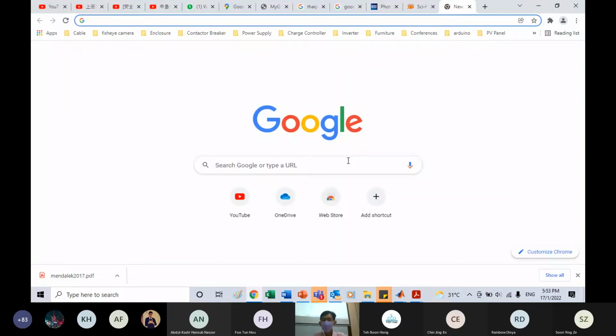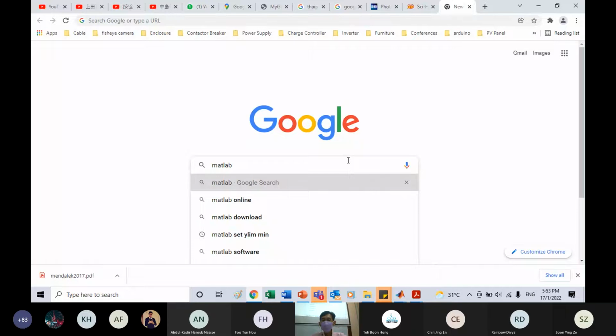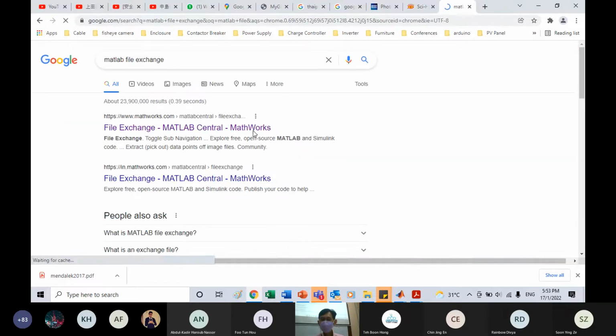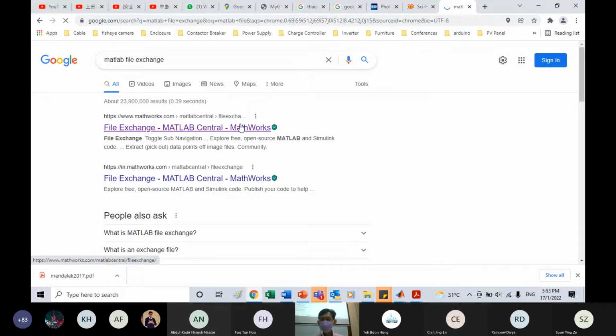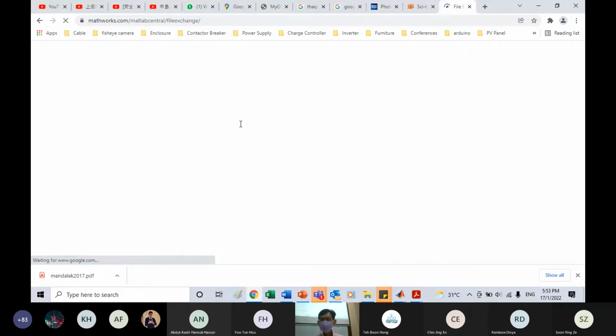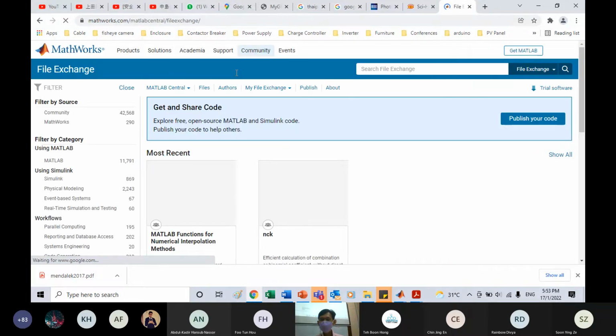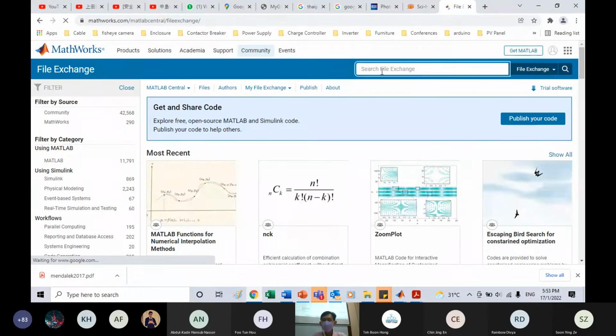Again, you go to MATLAB File Exchange, and then maybe just type transistor switching loss.